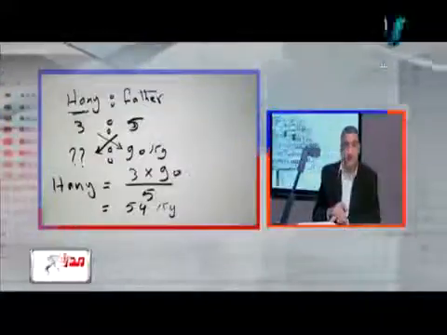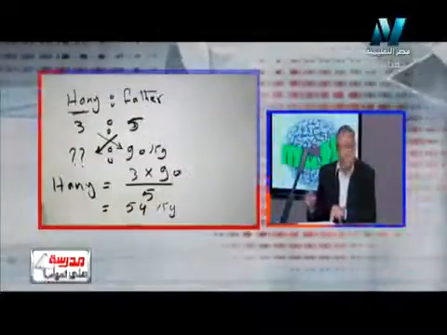You can use your calculator to get the answer. It's very important, my dear students. Our lesson today is about this rule: the product of means equals the product of extremes. A very important rule, and we can use it to solve all our problems.